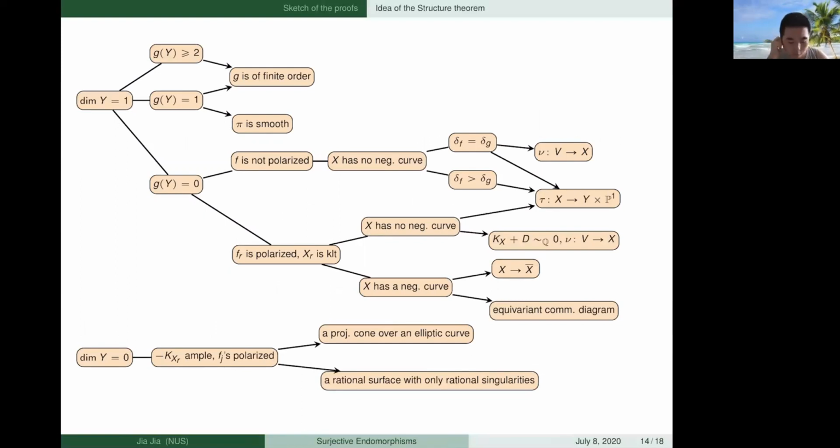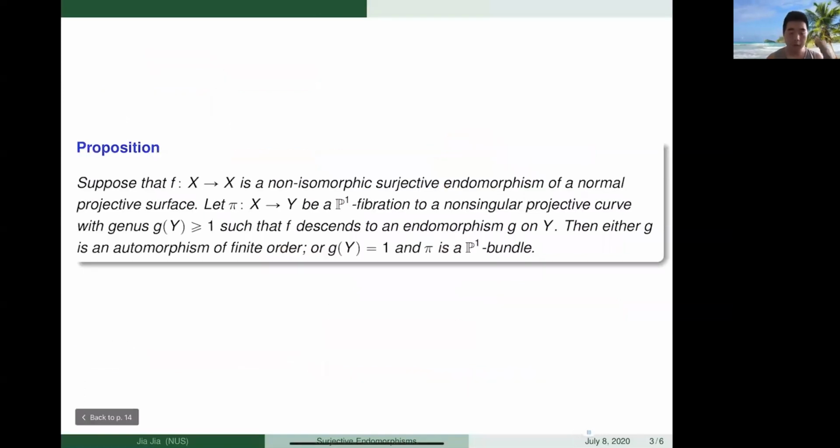The first case is g(Y) greater or equal than 2. And we know this Y is of general type, and the endomorphism is an isomorphism and has a finite order. So this G is of finite order. The other case is g(Y) equal to 1. Y is an elliptic curve. In that case, we can use this proposition.